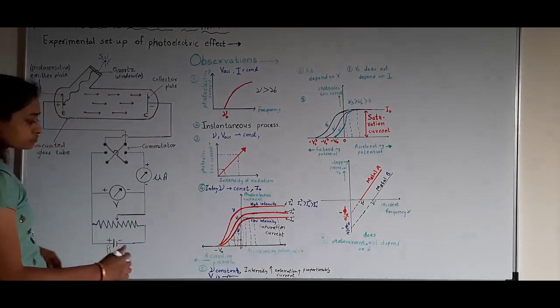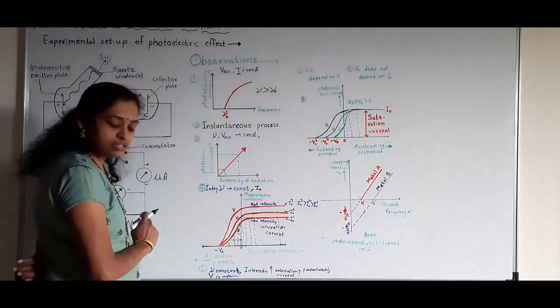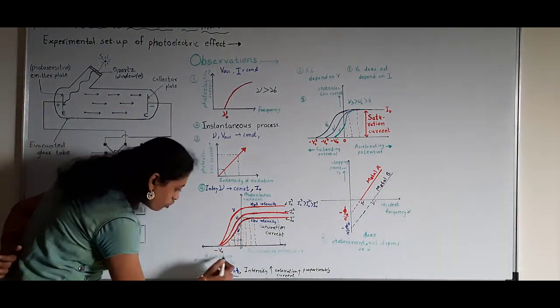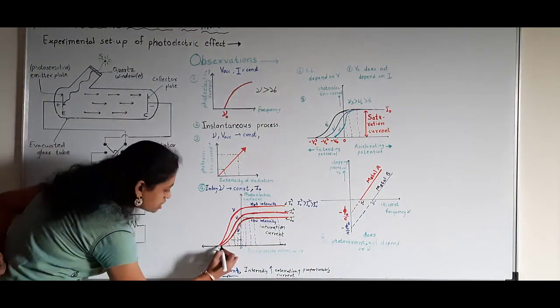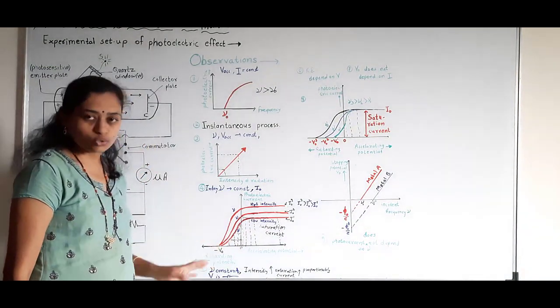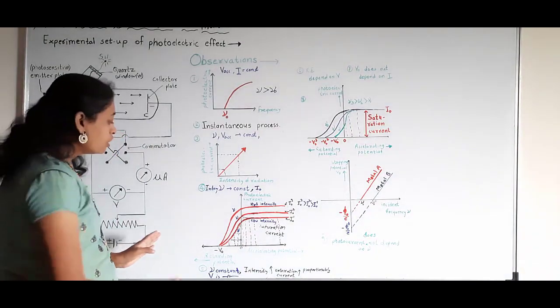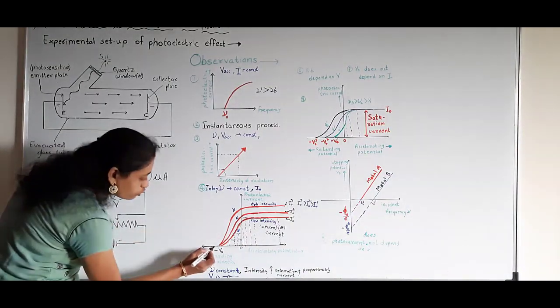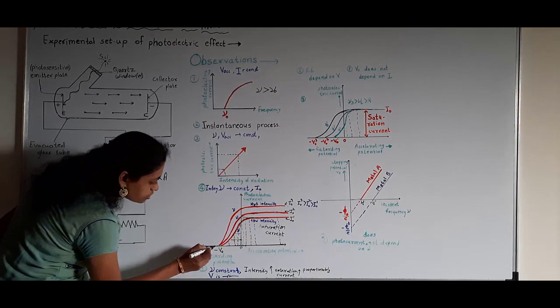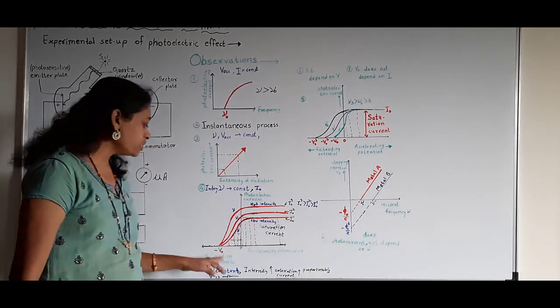Now see, here we are increasing the intensity, but if you observe this graph, at this point V0, the photoelectric current becomes 0. If we increase the negative or retarding potential further, the photoelectric current is also 0. So what is V0?